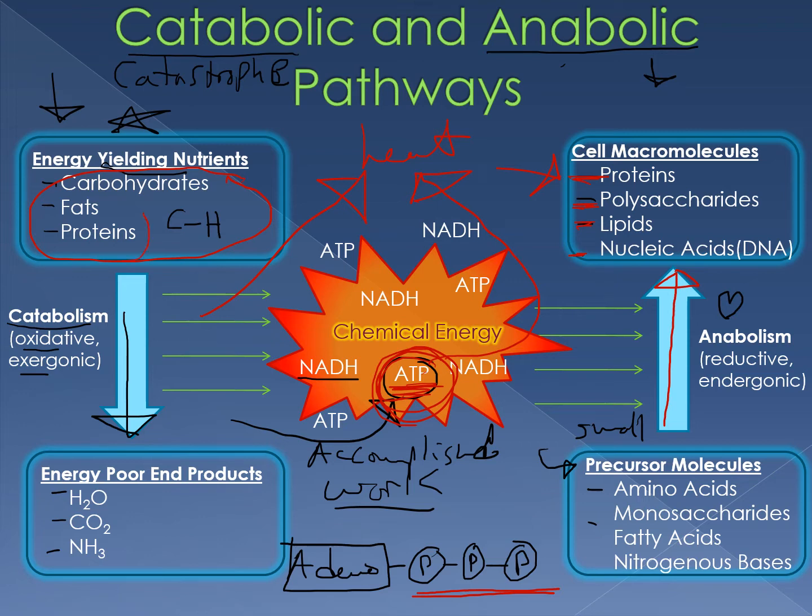First we have to break them down into smaller molecules to get this ATP, and then we have to take the energy in ATP and transfer it to all these small molecules that we have obtained in some cases from our food, and convert them into what we want them to be. So it's not very efficient, and a huge amount of energy is lost.